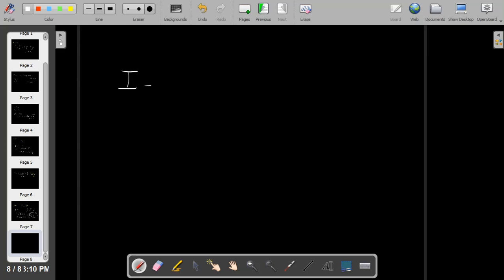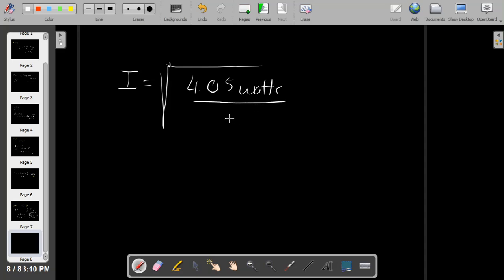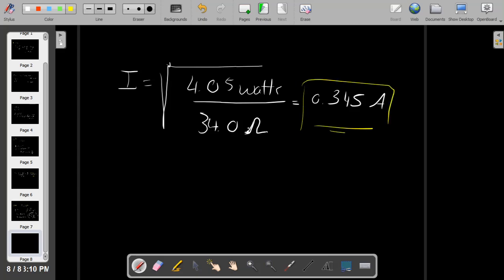Your current is going to be the square root of 4.05 watts divided by 34.0 ohms. Okay, ohms. And that's where you get the 0.345 amps of current. Okay, there you go.